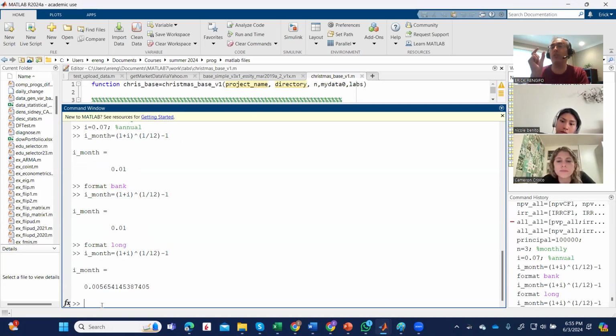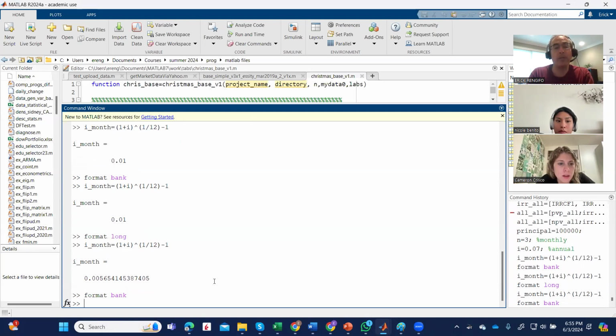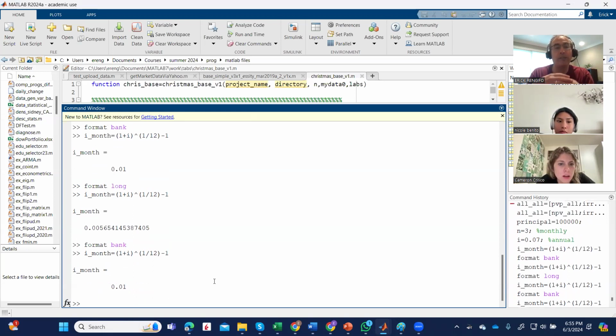Banks round to the second decimal. So if you want to use the banker's notation, you simply put format bank. And this is what you can get. Format bank. It looks like 0.01. Got it? But of course, MATLAB internally keeps this number. This is the number it's going to use for computations.